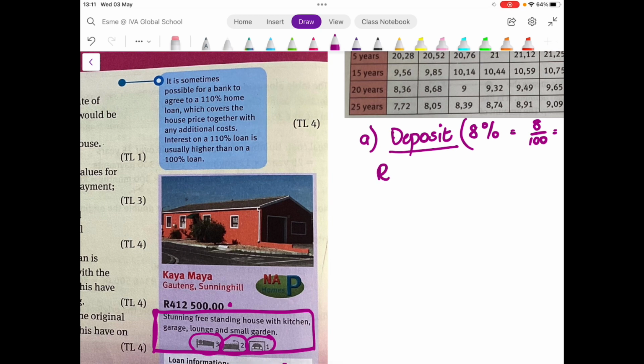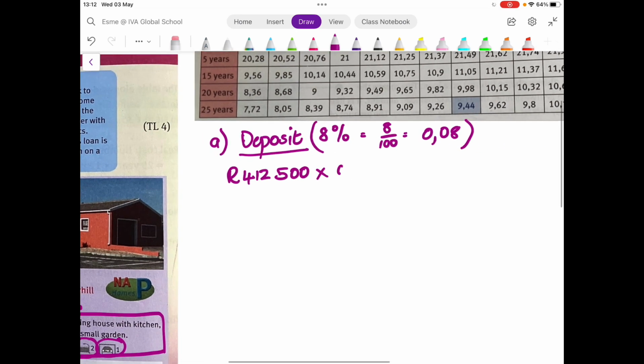So we are going to take 412,500 multiplied by our deposit, which was 0,08. Put that in your calculator and you will get an amount of 33,000 Rand. Right, that is what you have to pay up front.